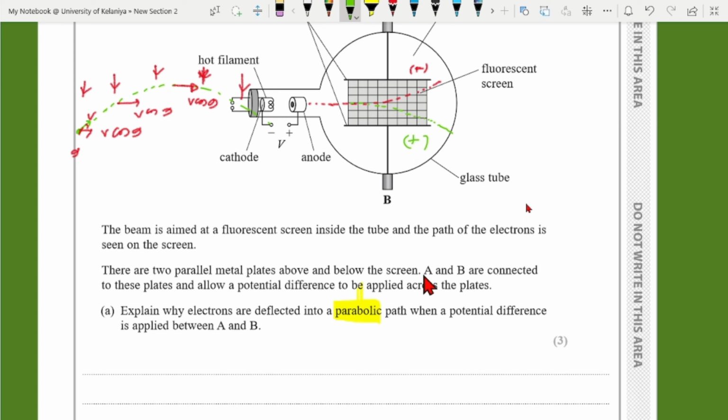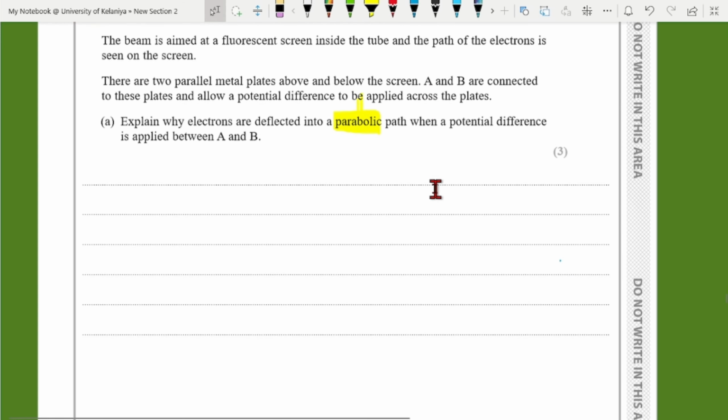It doesn't matter. But when we are talking about projectiles, the acceleration is always downward, because we all know the gravitational acceleration is always acting towards the center of our Earth.